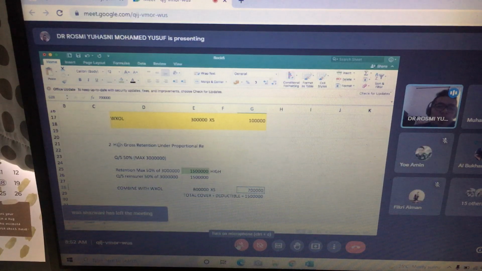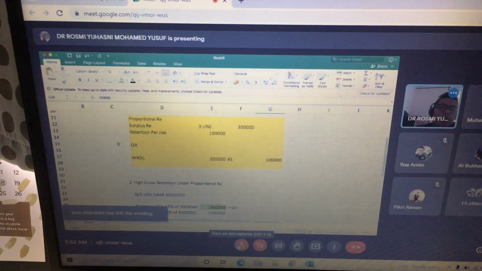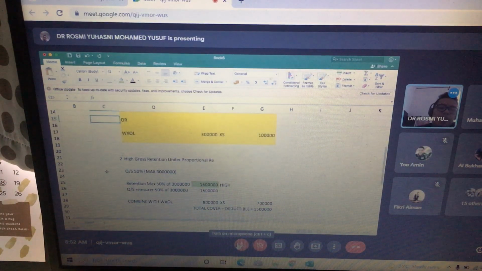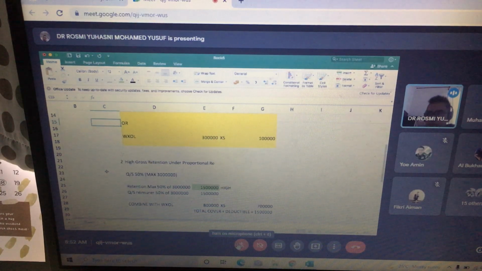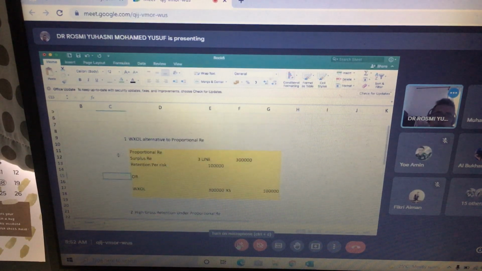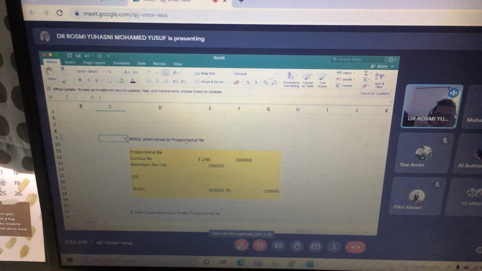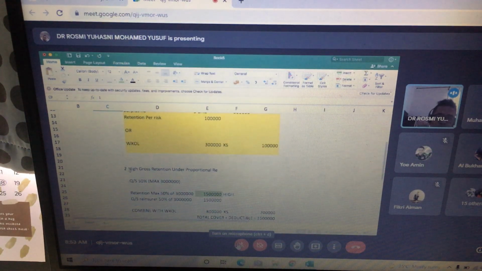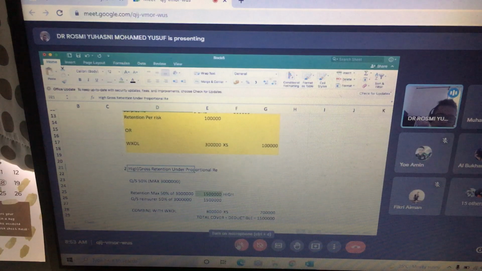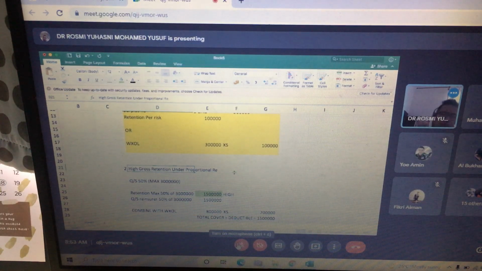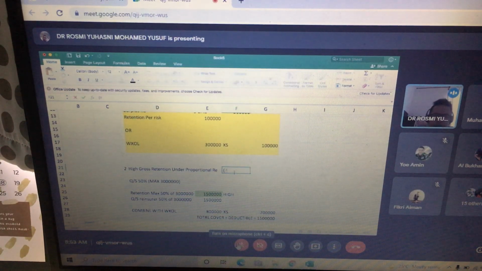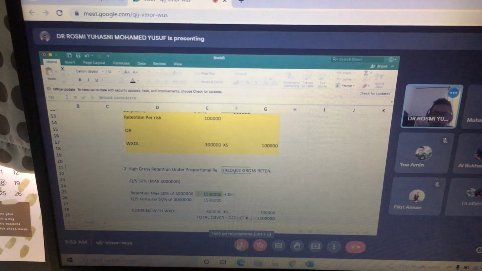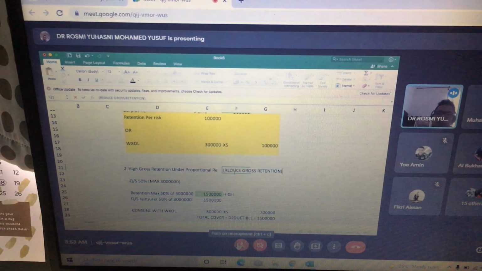Okay, so this is two ways, dua cara how insurer can use working excess of loss to their advantage. Number one, as an alternative to proportional re, and number two, when they are having a high gross retention for their proportional re, dia nak reducekan the gross retention amount under the proportional re.